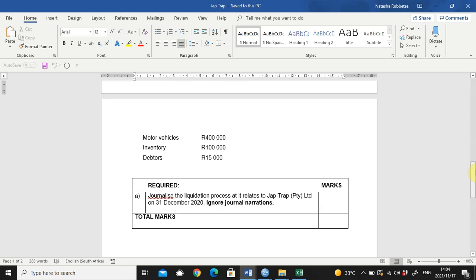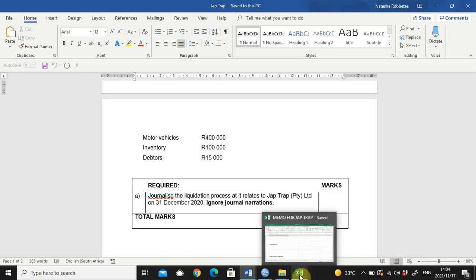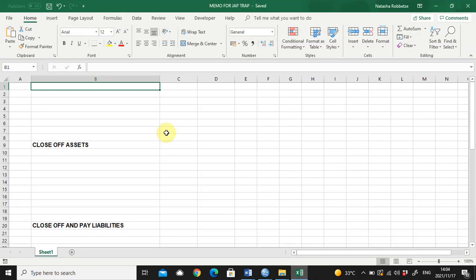All right, so let's explore how we're going to do this question. And where we are going to start is the revaluation of the property. So when we revaluate a property, the following needs to be done. The first thing that we're going to do is we need to apply the elimination method, which means the accumulated depreciation on the property needs to be eliminated.